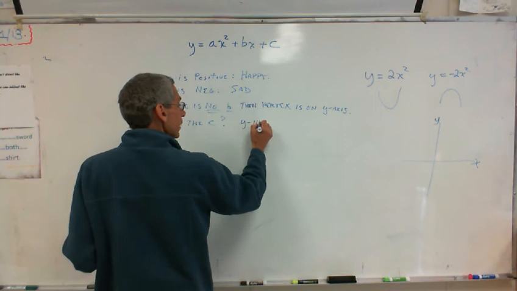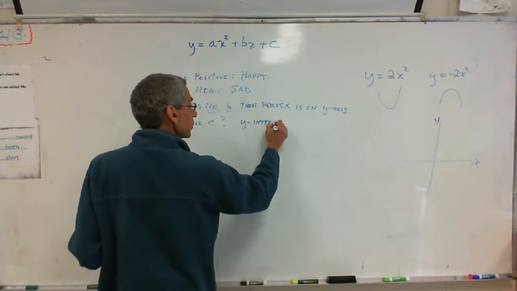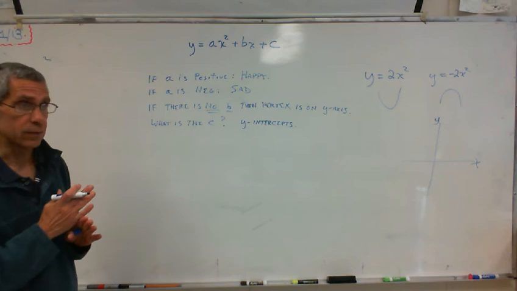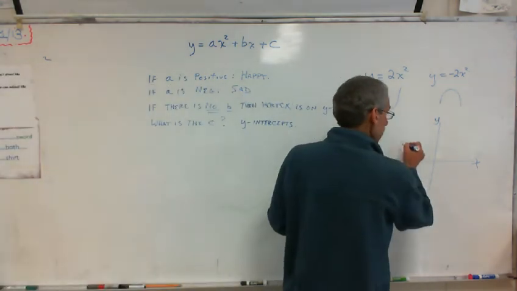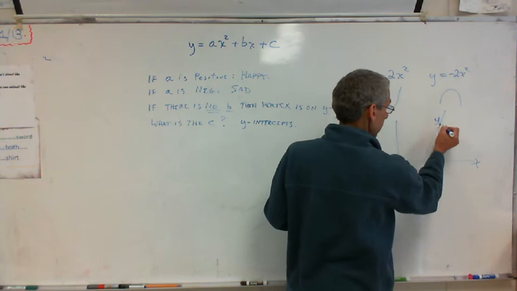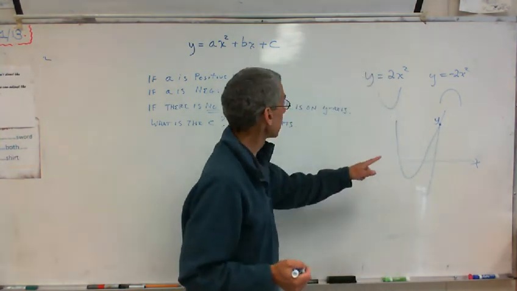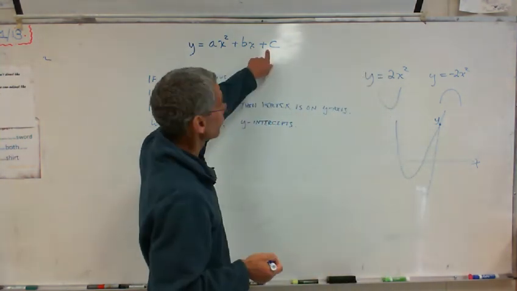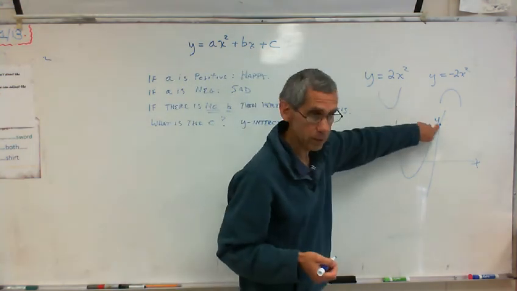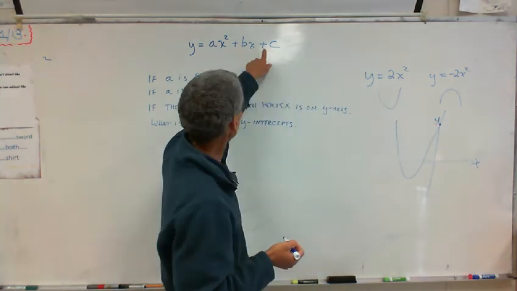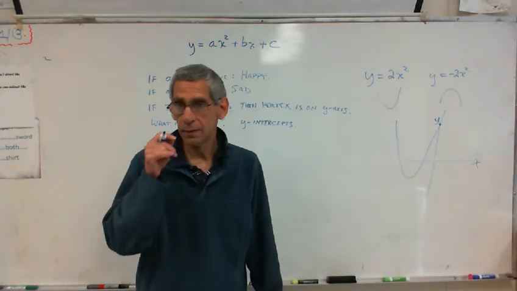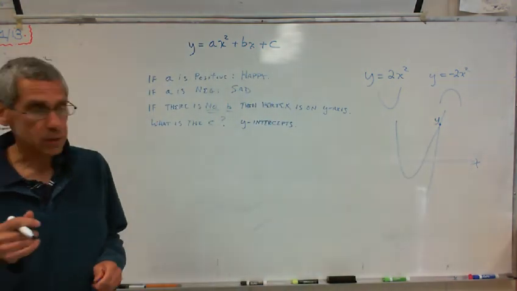It's where the parabola intercepts the y-axis, right? So if I have a parabola and it goes like this, boom, right there, that is my c. So if this were plus 8, that would be plus 8, right? If this were minus a million, it would be minus a million. Way down here, right? Does it make sense? You guys all know that, right?